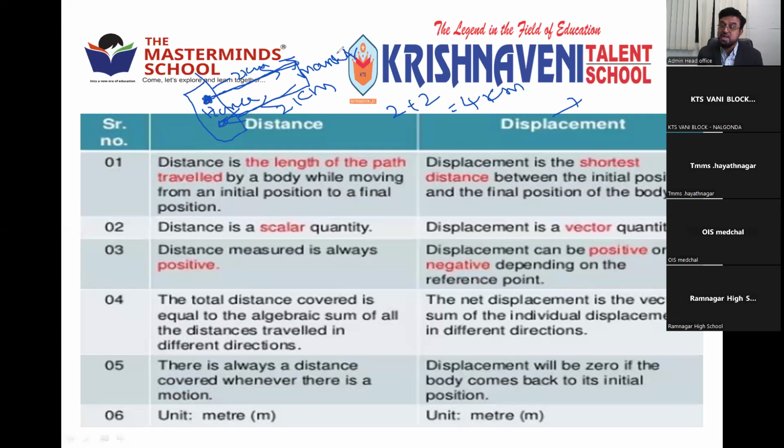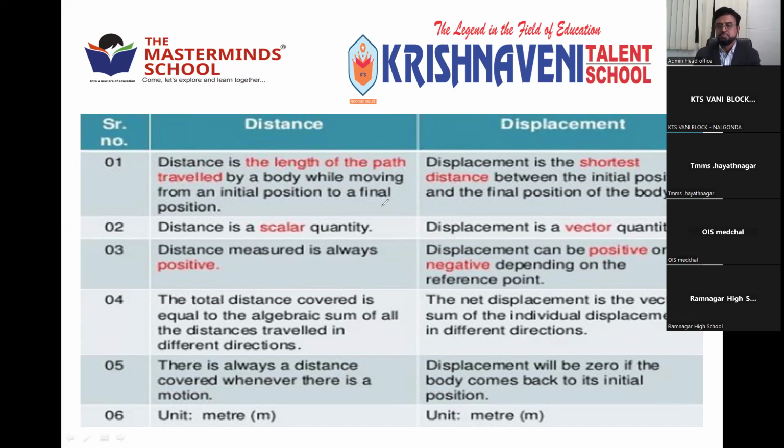Distance is the algebraic sum from here to here, again here to here, and we got 4. But in case of displacement it is 2 minus 2, that is 0, because you came back to the original, initial position. That is the possibility: displacement can be positive, negative, or even 0. When you come back to your initial position, the displacement becomes 0.